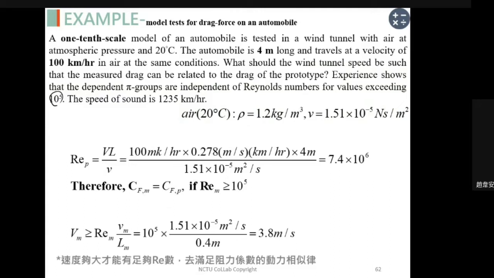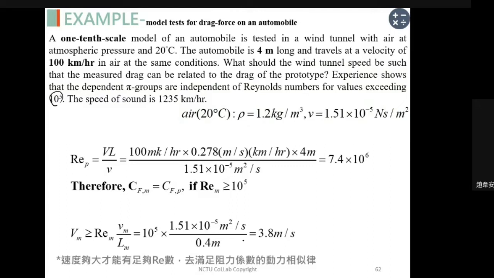So we just assume our Reynolds number is directly equal to 100,000, and then we compute how large a velocity we need.